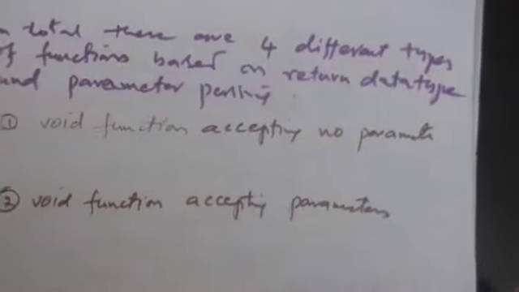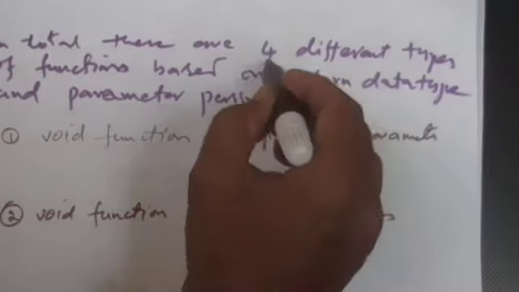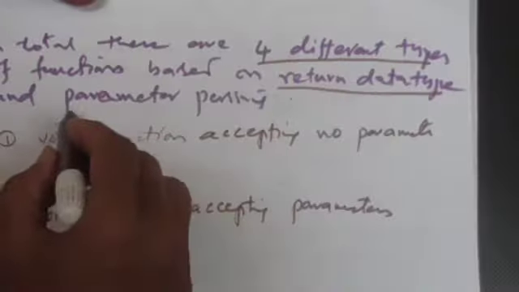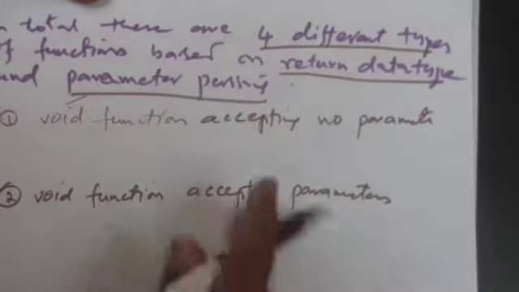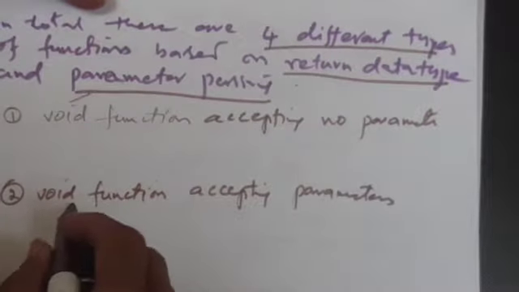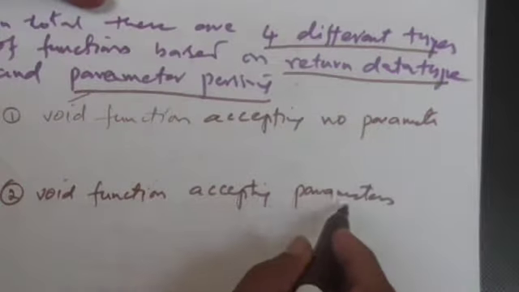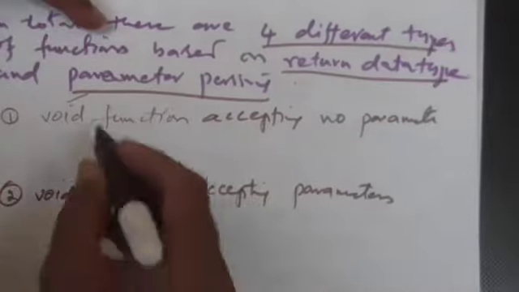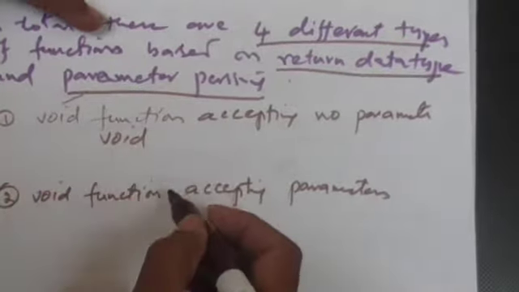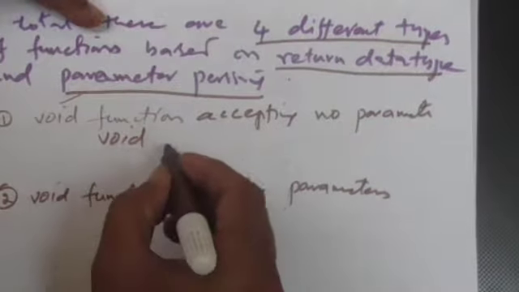In total, we can classify them into four different categories based on the return data type and also the parameter passing. Void functions accepting no parameters, and void functions accepting parameters. So I can say void function accepting no parameters.